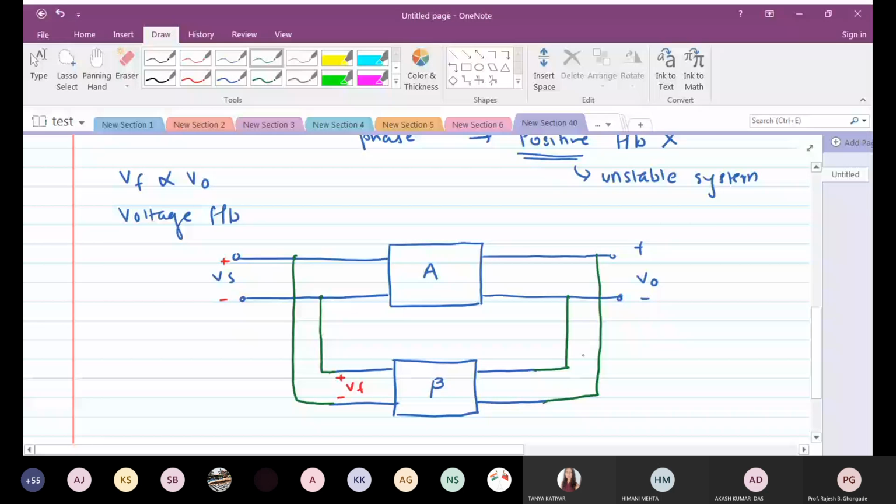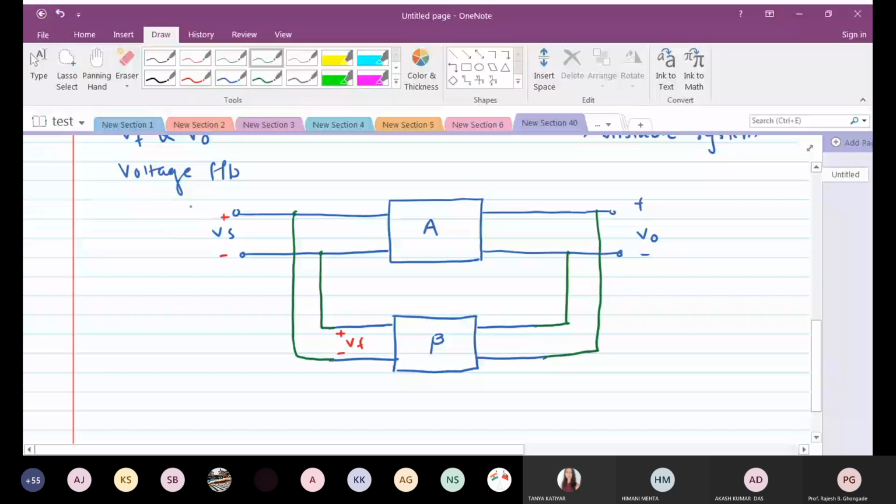What is this type of feedback? Guys, are you there with me? Yes, sir. What type of feedback is this? Whether the two voltages are in series or in parallel?